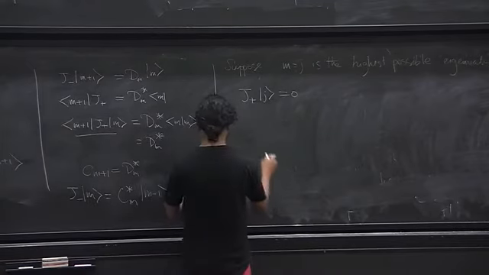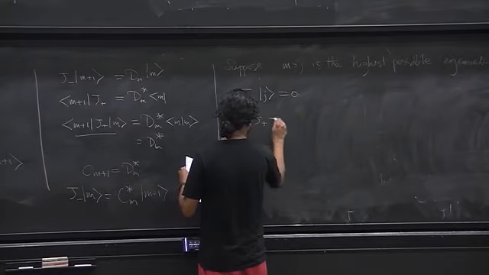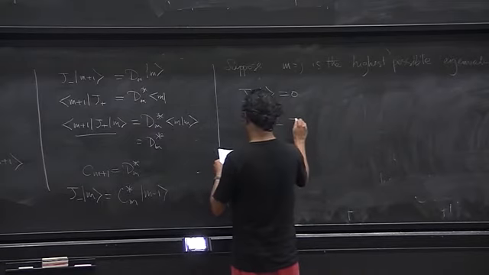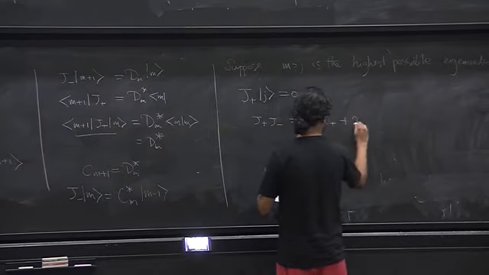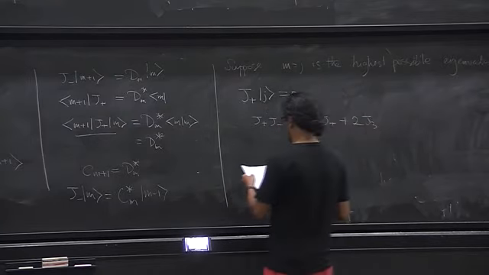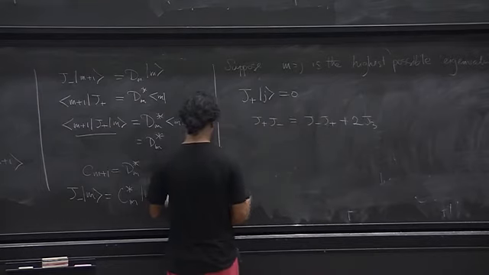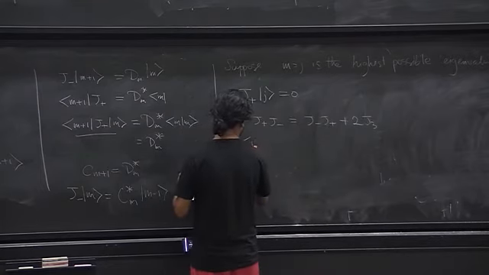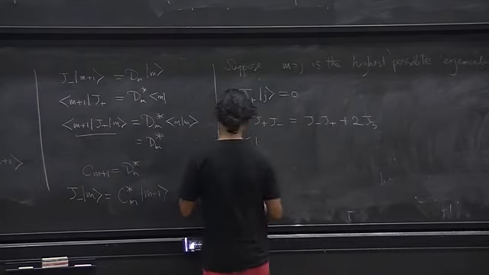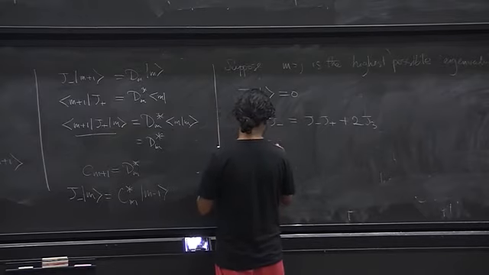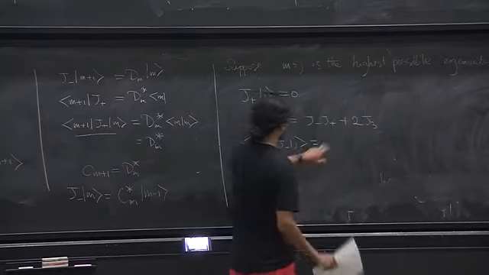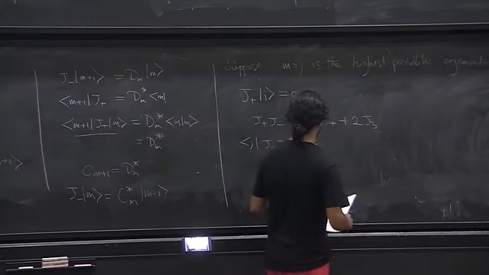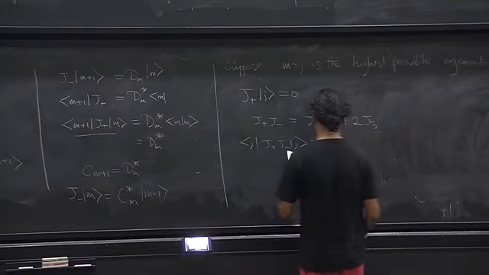So now, starting with the commutation relation of J plus and J minus, and sandwiching it between j, I get, remember that J plus acting on j gives me 0, so the first term becomes 0.